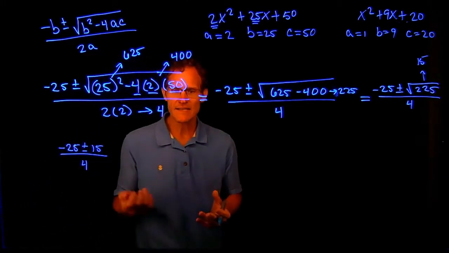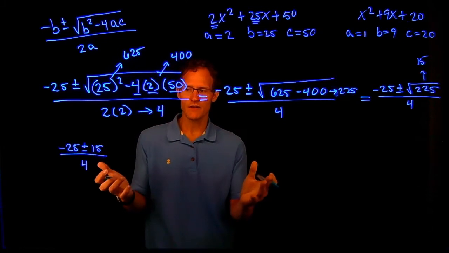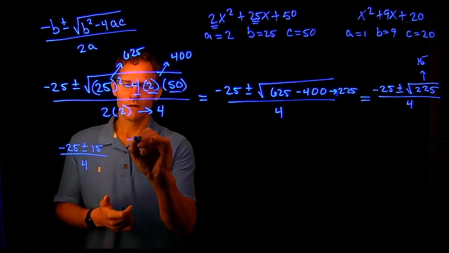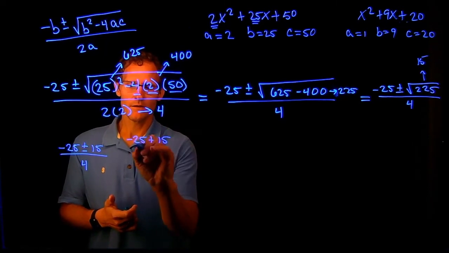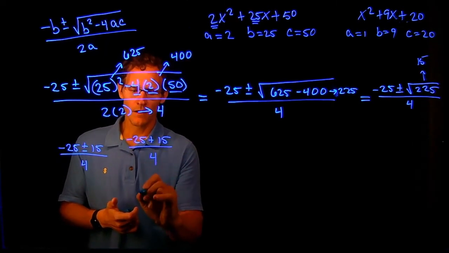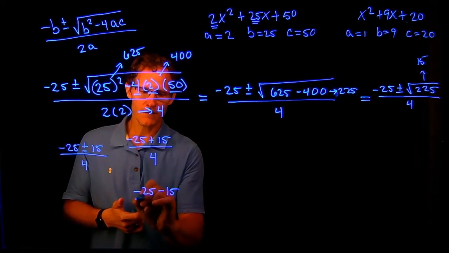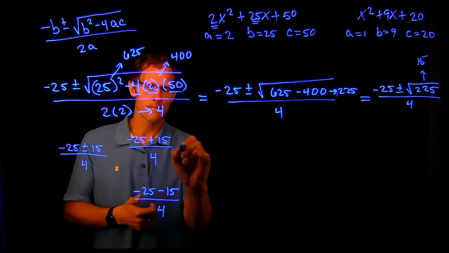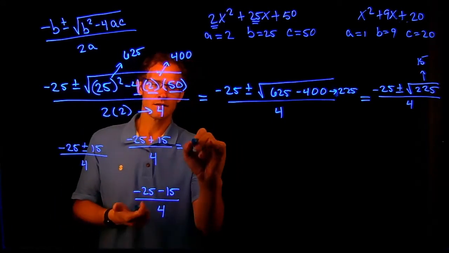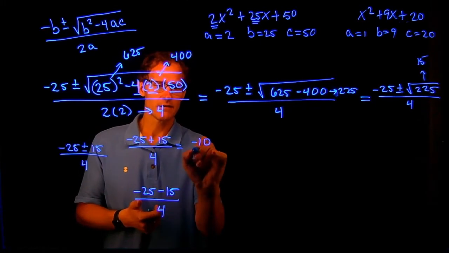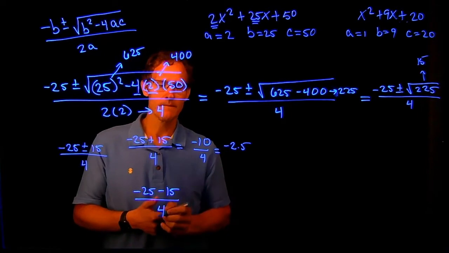Once we get to this simplified version, we need to break it up into two different expressions: negative 25 plus 15 over 4 and negative 25 minus 15 over 4. Negative 25 plus 15 is negative 10, divided by 4 is negative 2.5.